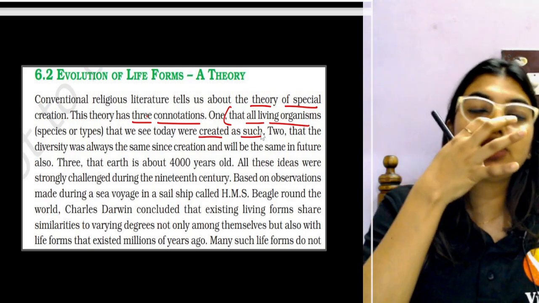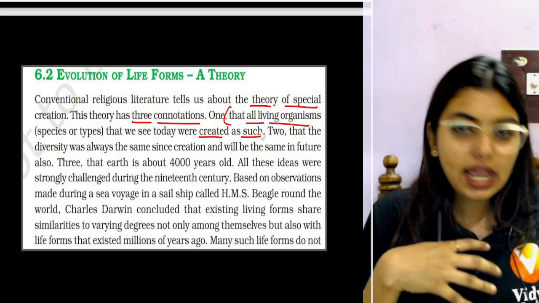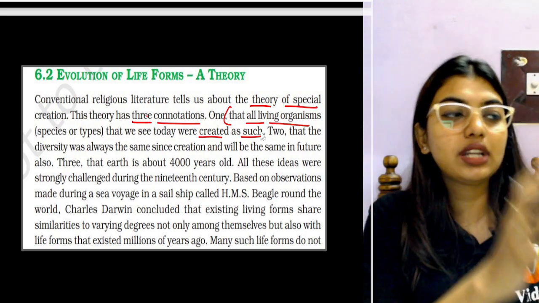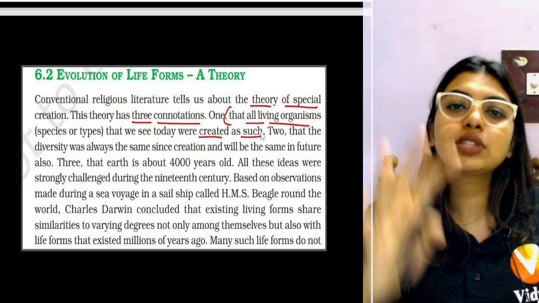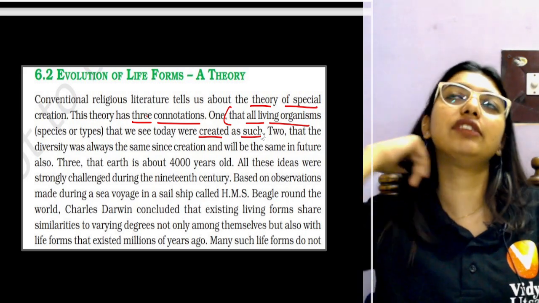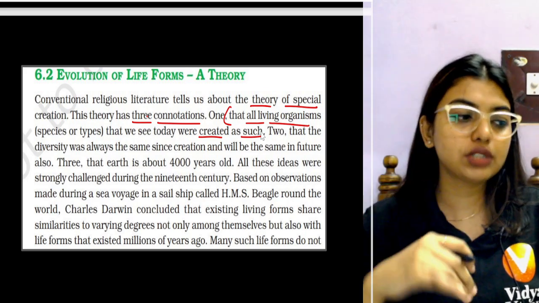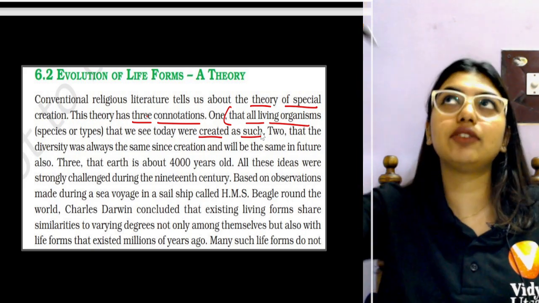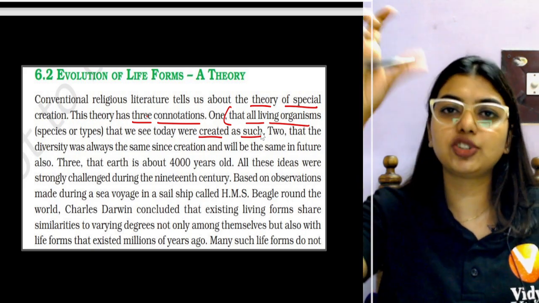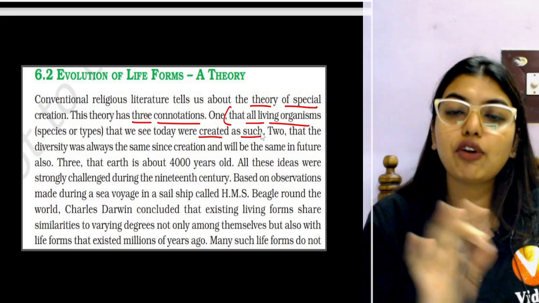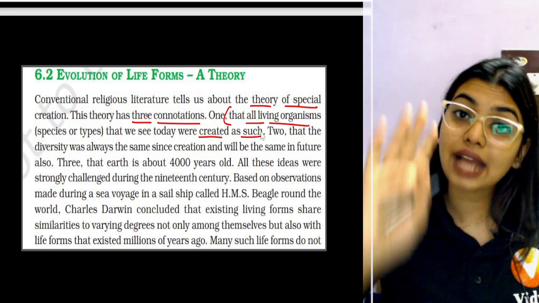So they are saying that no evolution has happened. However humans are, however animals and plants were, everything was created as such. Like how we believe the giraffe was formed with the neck of a horse, but they kept stretching and then were able to consume the trees and plants, which according to these people is not true. Whatever life forms or species were there, everything was created as such.